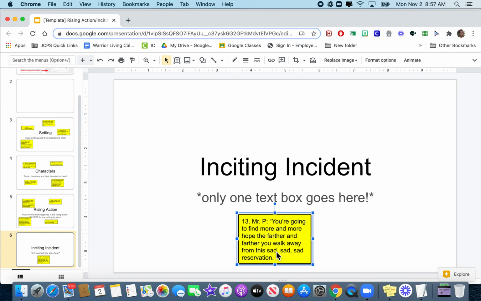This is our inciting incident that is going to kick the novel into the main plot of the book. We can start to have ideas about what's going to happen in the rest of the novel. Okay, so that's why that is the inciting incident.